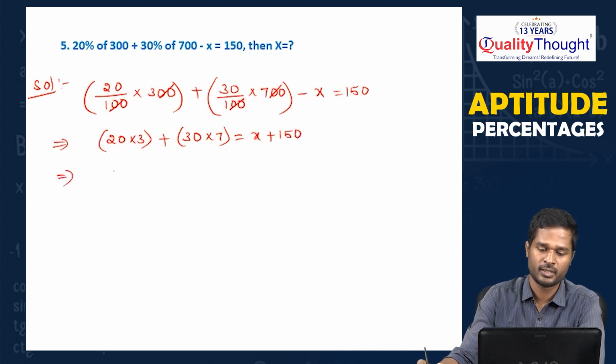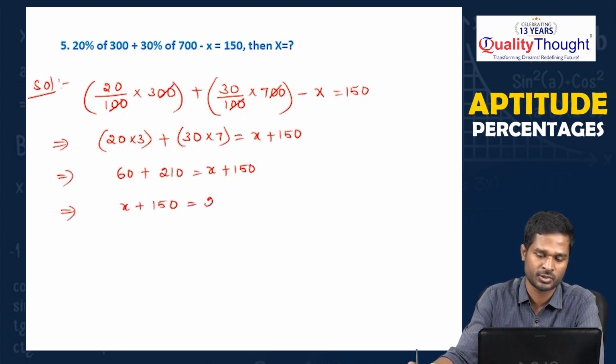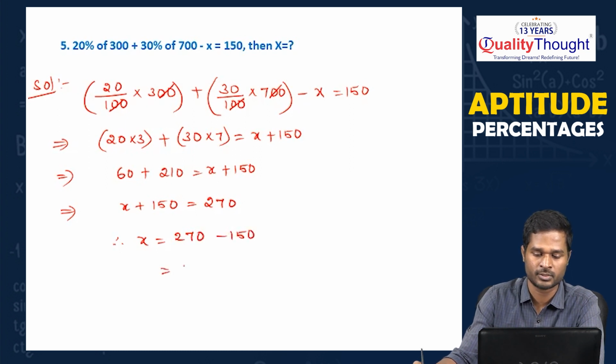So, this is 2 3s are 60, 3 7s are 210 is equals to x plus 150. Okay. I will write one more step here, x plus 150, I am writing it to this side, is equals to 210 plus 60, which is 270. Therefore, we need the x value, x will be equals to 270 minus 150, which will be equals to 220.